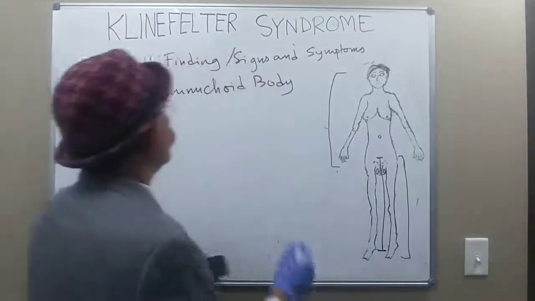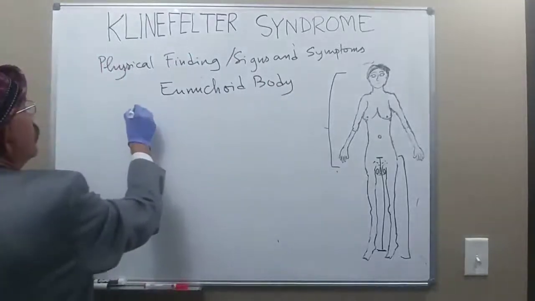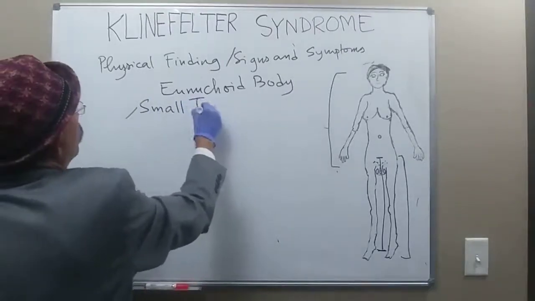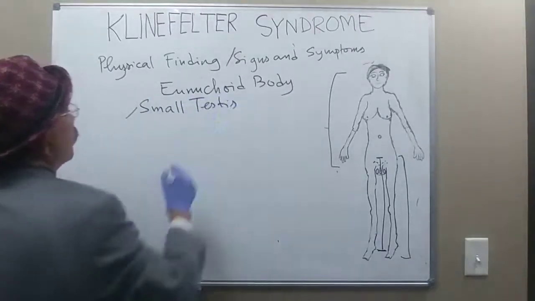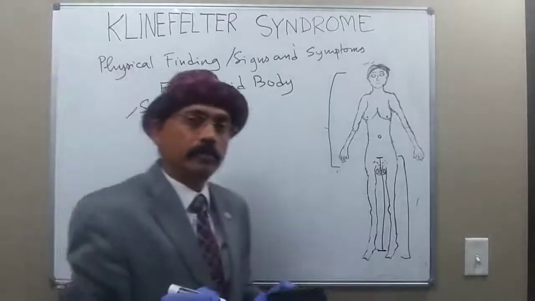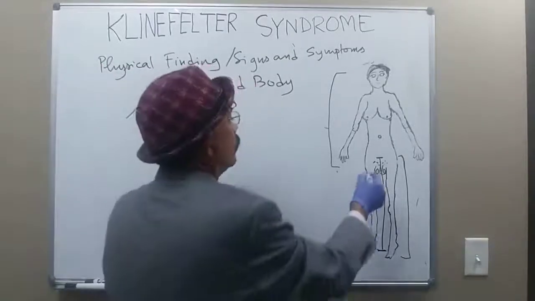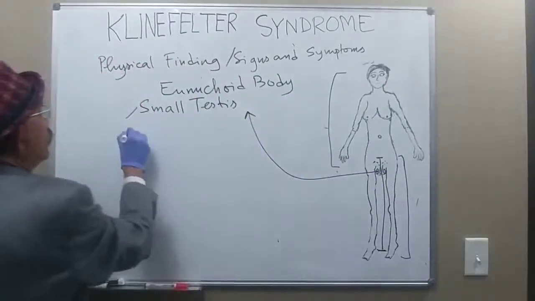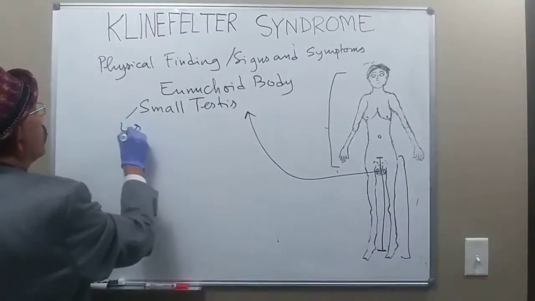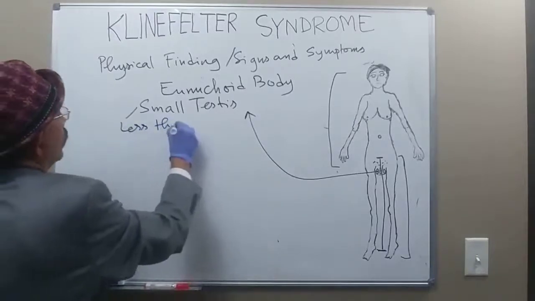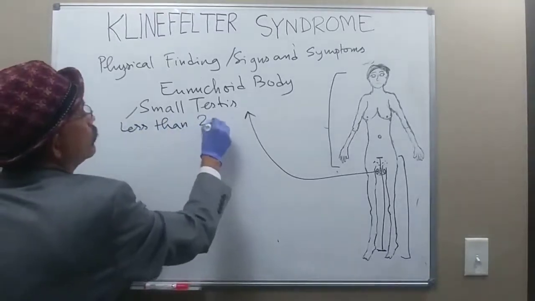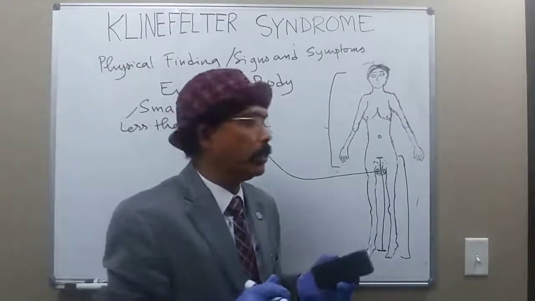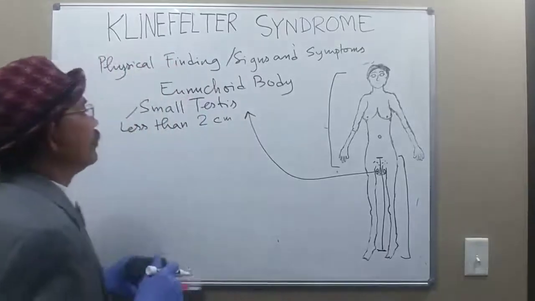The most important feature is small testes. How small? Very small testes, less than 2 centimeters in height, length, and width, everything less than 2 centimeters.